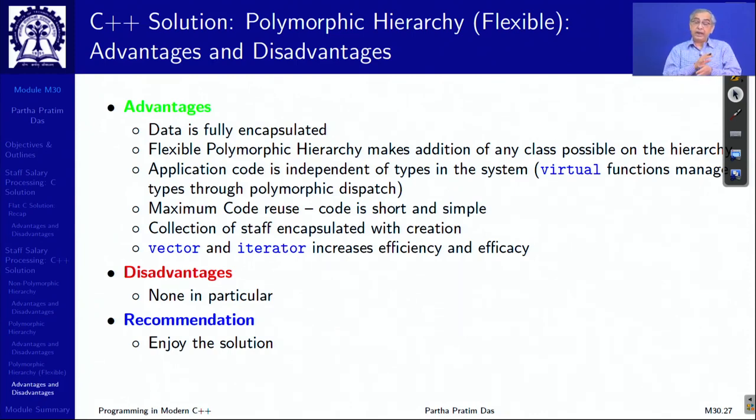Application code is independent of types in the system, virtual functions managing all polymorphic dispatch, maximum code reuse, short, simple, collection of staff encapsulated for creation, vector and iteration increases the efficiency and efficacy of the solution, no particular disadvantage as such. So, we can enjoy the solution.